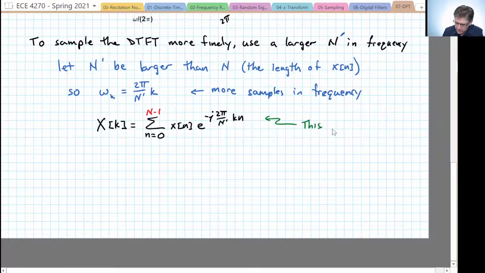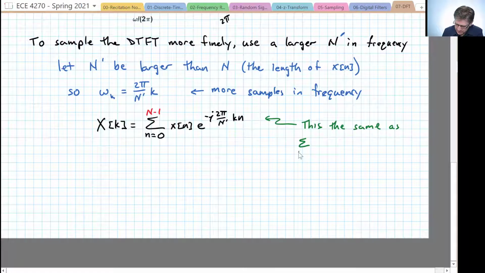We note that this is the same as taking an n prime point DFT if our original x had a bunch of extra zeros in it.